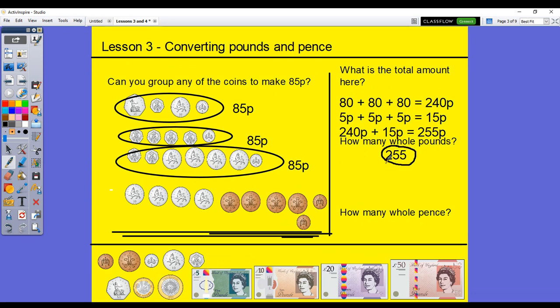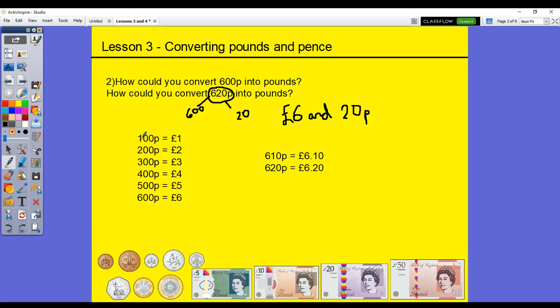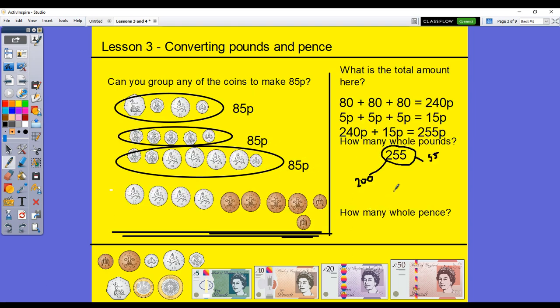We can partition this into 200 in our part whole model and 55. How many whole pounds have we got with 200? We can go back to our workings out over here to help us. 200p is £2. So we have 2 whole pounds. And how many whole pence have we got? Because we partitioned it, we can find it easily. £2 and 55 pence.